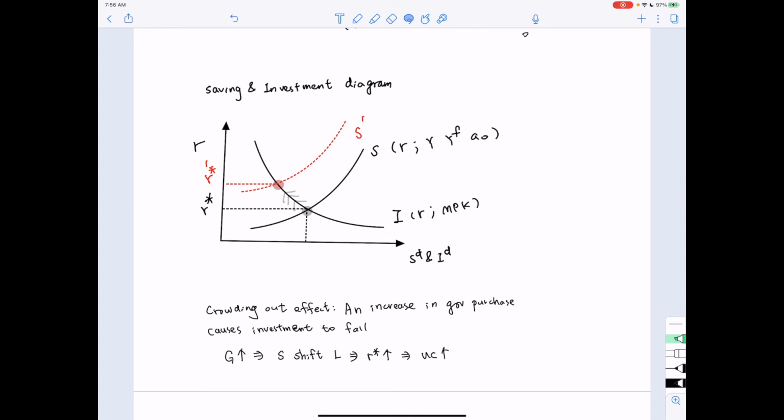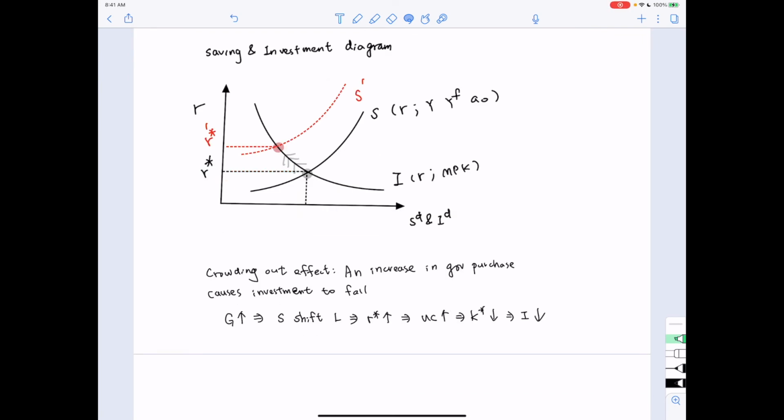Then such a change causes the user cost of capital to increase, which causes the desired level of the capital stock to fall, and then causes investment to decrease. That is the so-called crowding out effect. So this scenario is related to how government spending affects the goods market equilibrium.